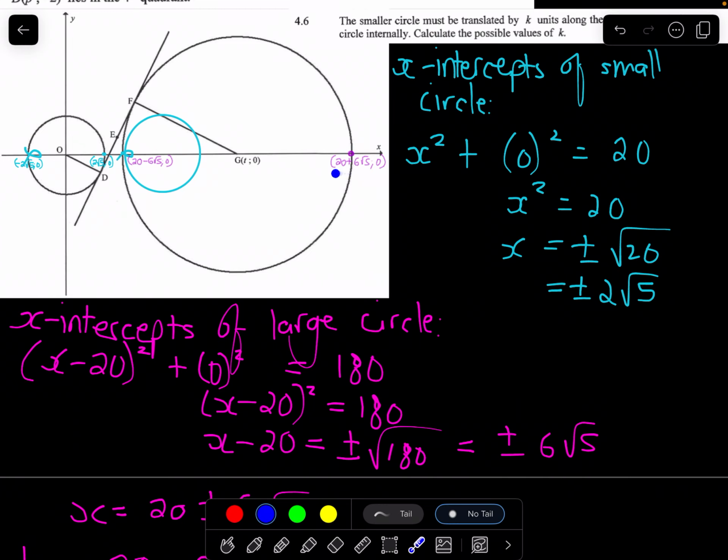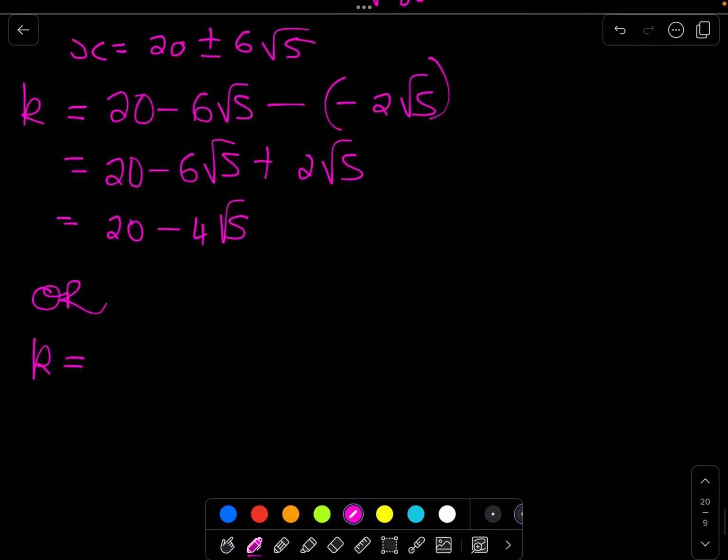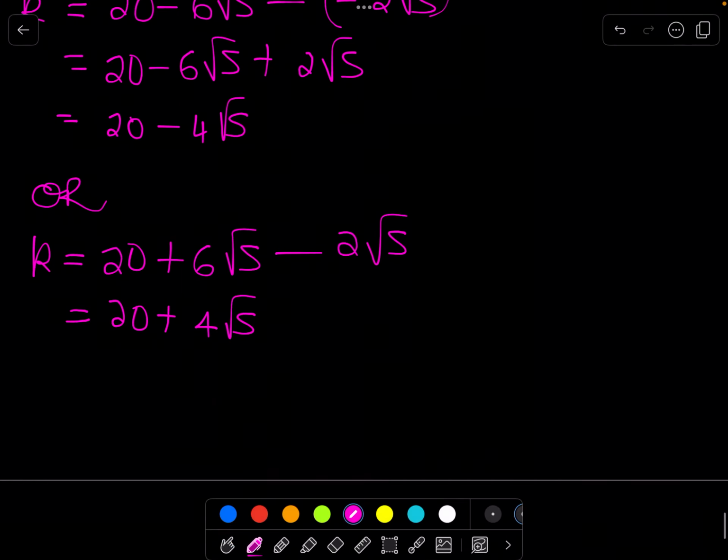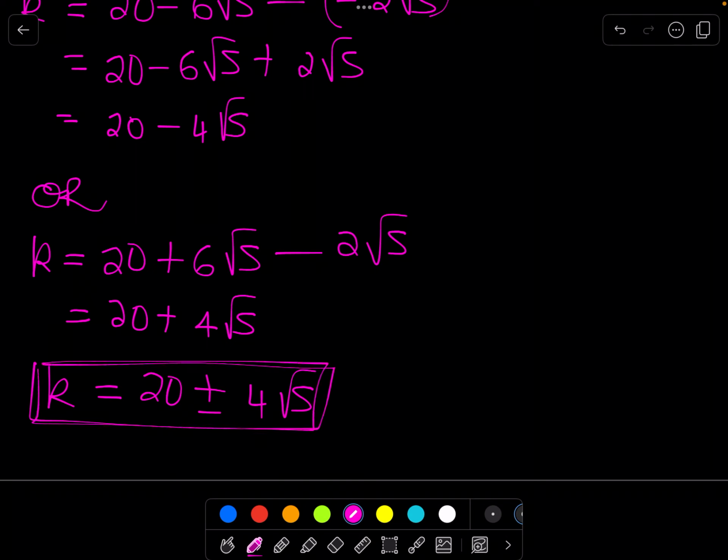So we need the difference between this guy and this guy, the distance between them. So 20 plus 6 root 5 minus 2 root 5, which will be 20 plus 4 root 5. Or another way we could write these two solutions together is k is equal to 20 plus or minus 4 root 5. So this is just, in other words, in other symbols.